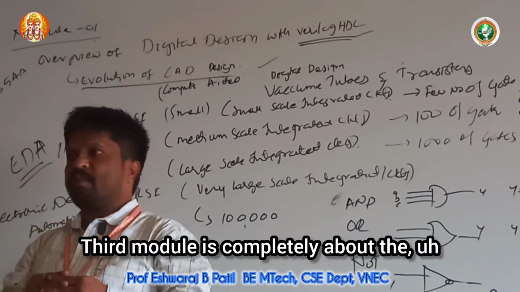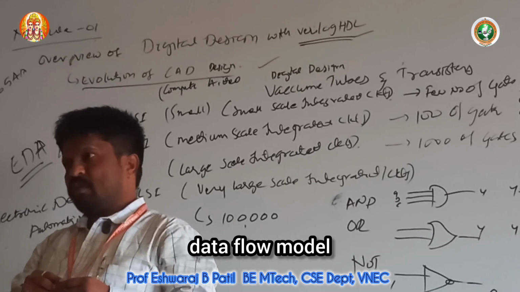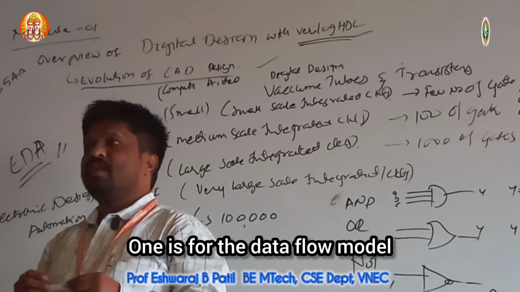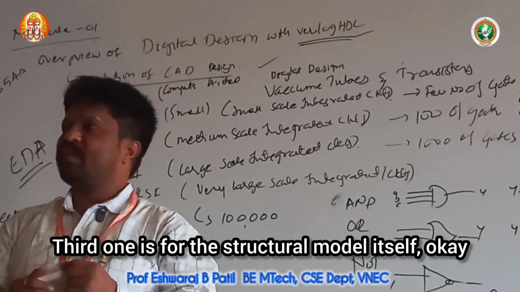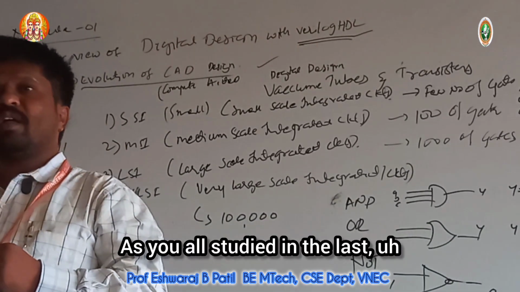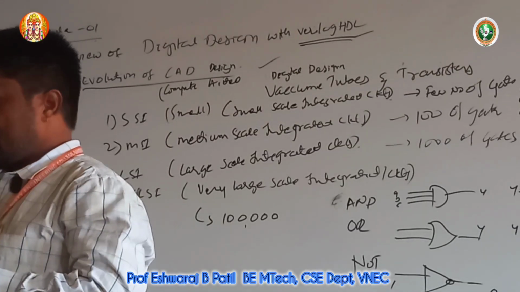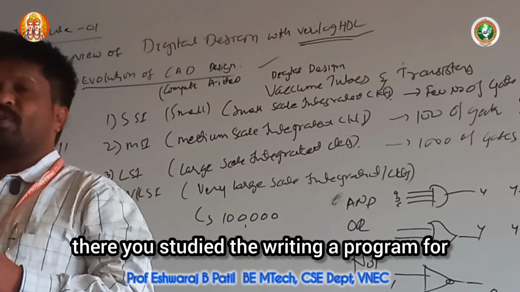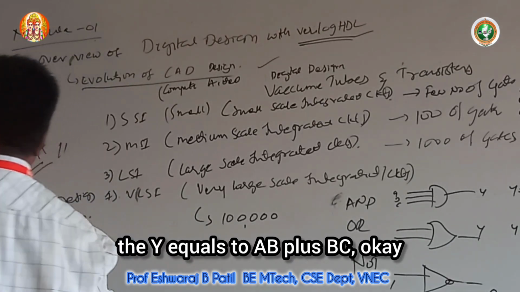The third module is about the data flow model. You can write the programming in 3 ways: the data flow model, the behavioral model, and the structural model. As you studied in the last semester in DDCO, you wrote a program for Y equals AB plus BC.